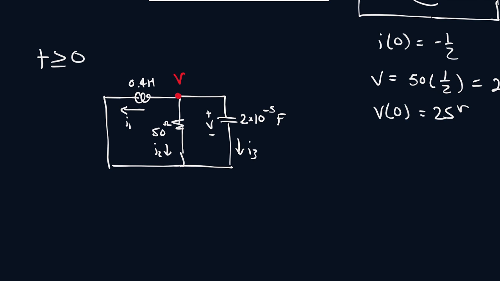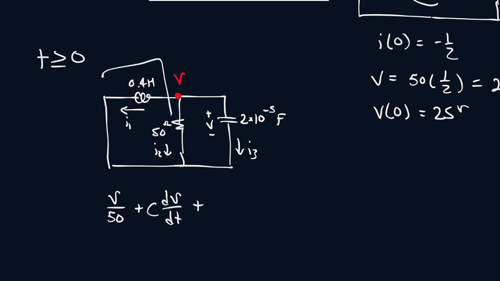Okay, so for I2, the current passing through this resistor is going to be V over 50. To represent the current passing through here, it's going to be the capacitance times the change in voltage over the change in time.